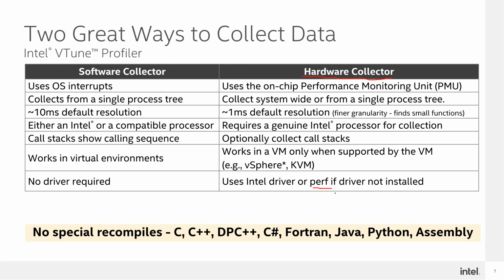And the difference is not so crucial. It can be crucial when you have a very new CPU that the Intel drivers support first, and you have to wait until perf is catching up. But most times it's perfectly okay to use the perf drivers.